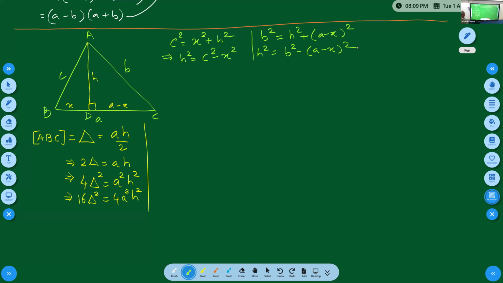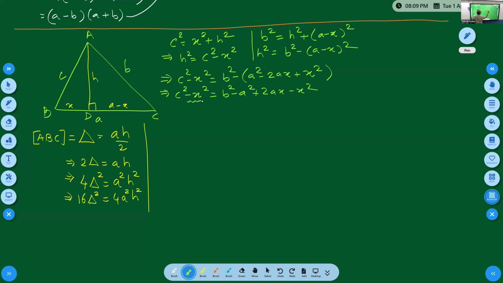Now we have the same quantity on both the sides, therefore we can equate. This implies c square minus x square is equal to b square minus a square minus 2ax plus x square, which is c square minus x square is equal to b square minus a square plus 2ax minus x square.